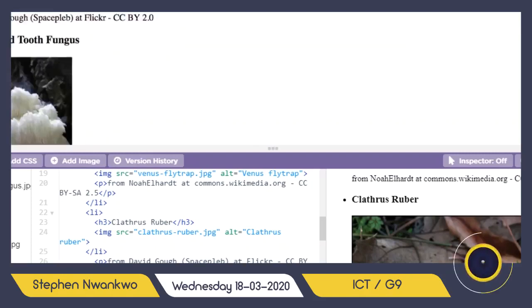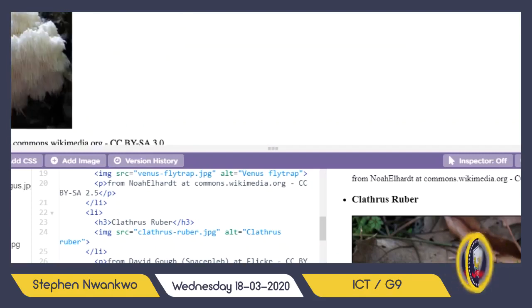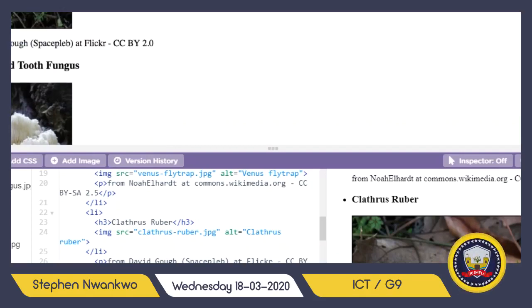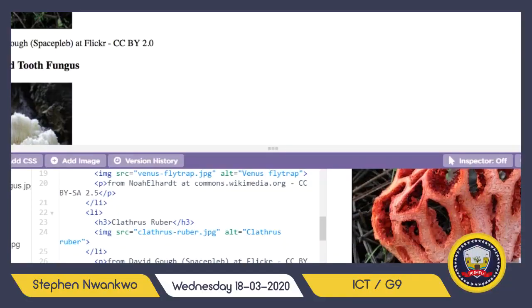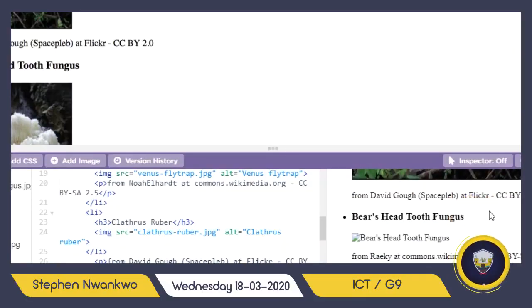Next is the bear's head tooth fungus, which is the last plant. You scroll down to this page and examine it. You have the bear's head tooth fungus, but there is no image.